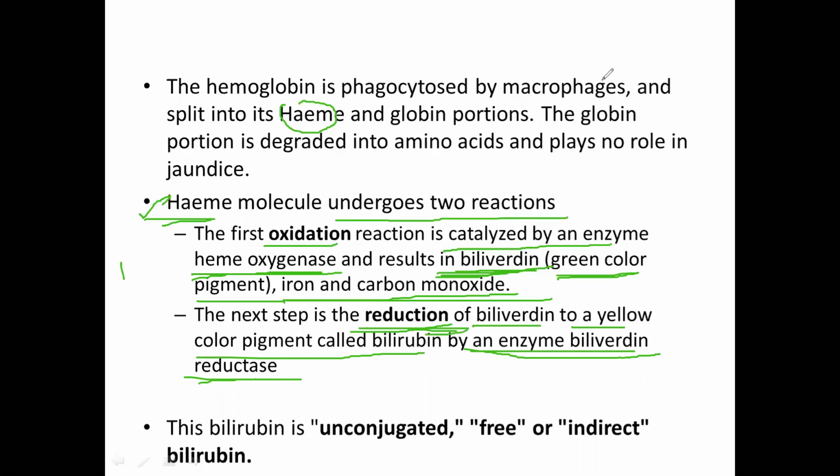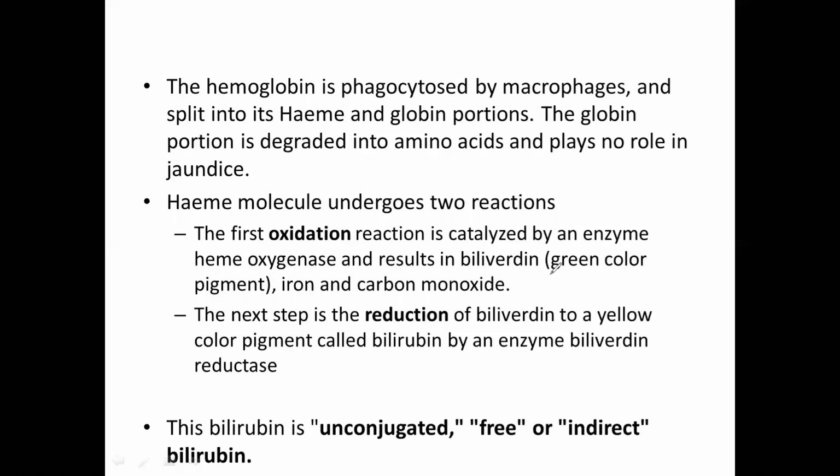All of you know what is meant by oxidation and reduction. Through this reduction, biliverdin gets converted to bilirubin, which is a yellow color pigment. So biliverdin is a green color pigment, whereas bilirubin is a yellow color pigment.